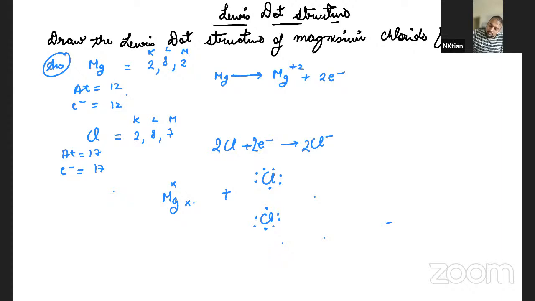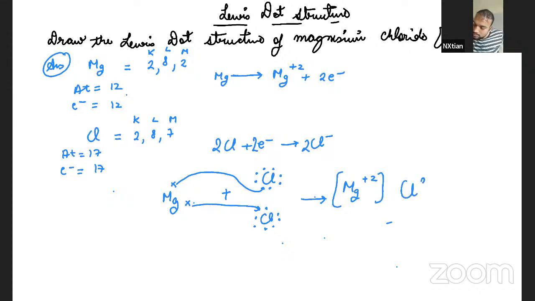So 1 electron will go with this and 1 electron will go with this, to form Mg+2 and chlorine 2 minus.